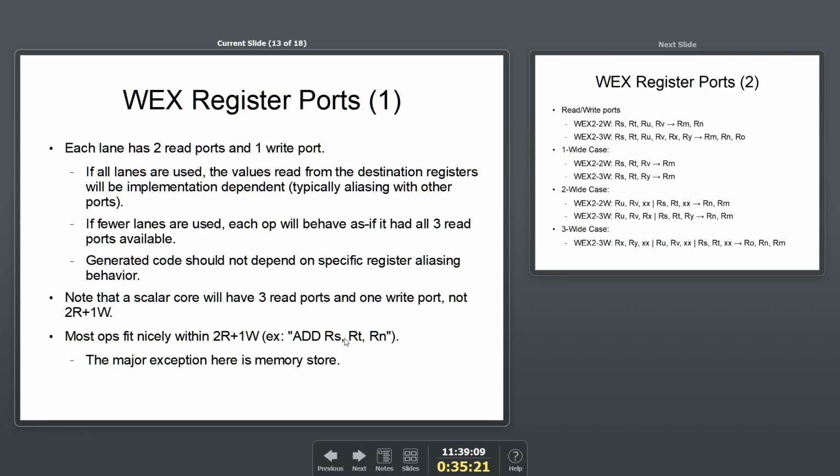Partial result of that being that one is quite limited in terms of what they can run in parallel with the store in a 2 wide core, whereas for a 3 wide core most operations can be run in parallel with something like a store.